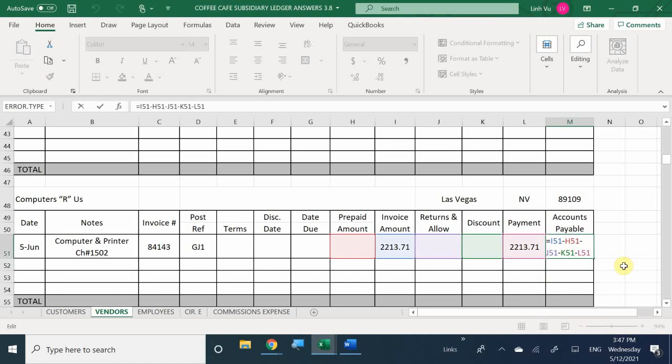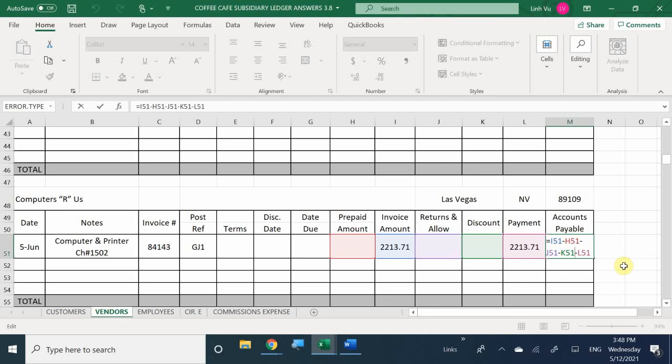So you're going to take your invoice amount, subtract your prepaid, subtract your returns, subtract your discounts, subtract your payments. So the payment was the 2213.